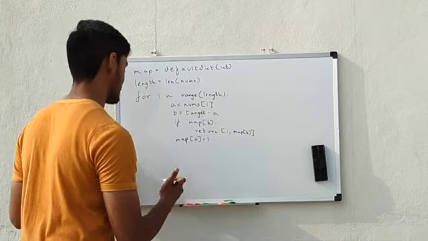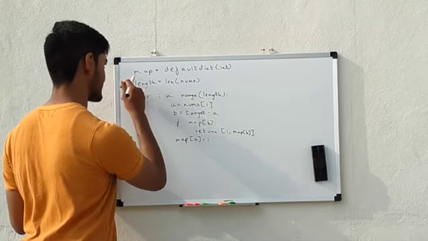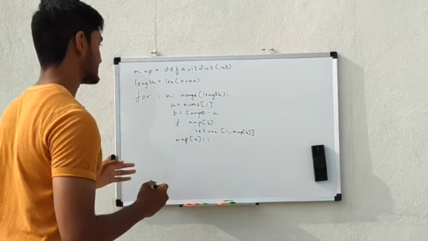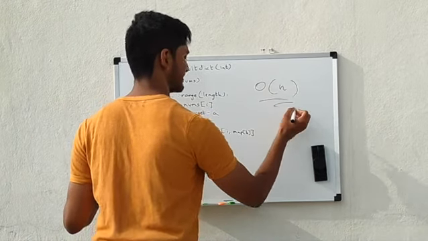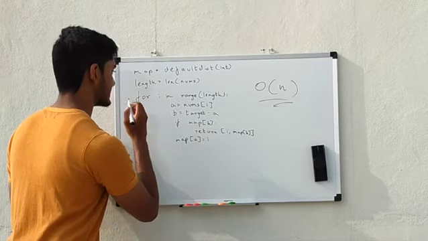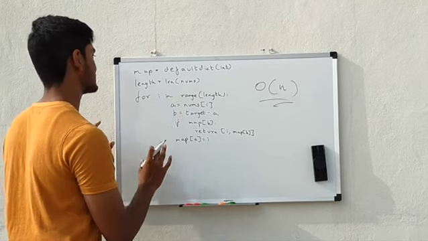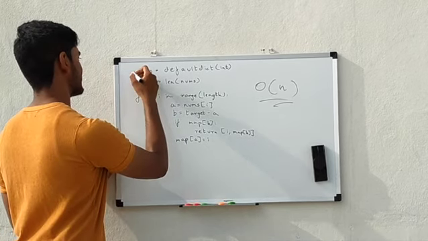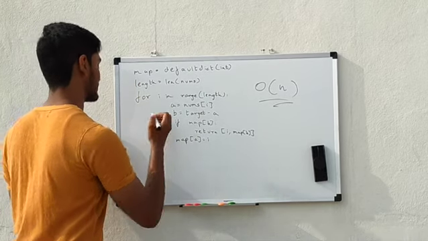Let me tell you why we shouldn't do what I just told you to do. If you look at map of I, the asymptotic time complexity for this is O of n. We all know that. Let's not talk about it. We'll look at the actual time it takes to run this.